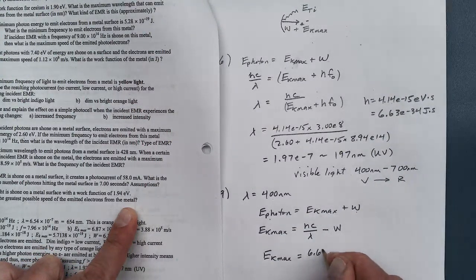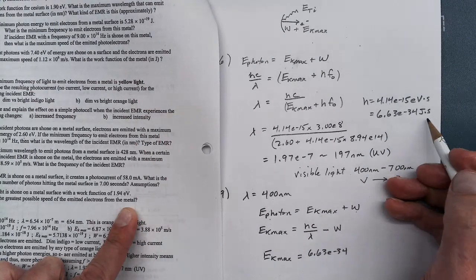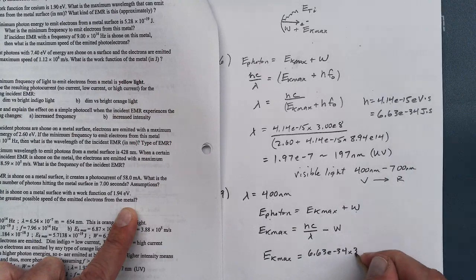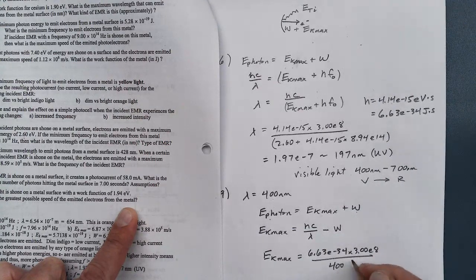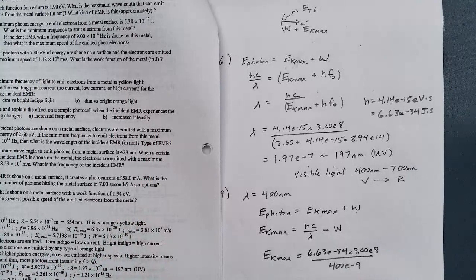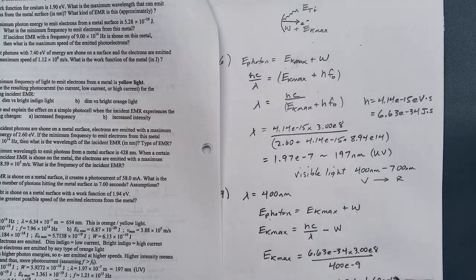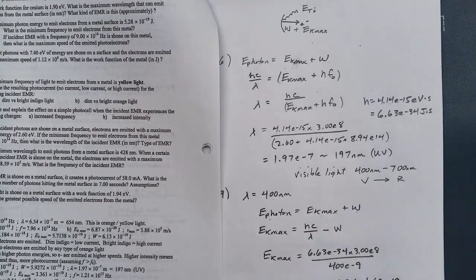So 6.63 e negative 34 joule seconds, that's the one I'm going to use, times 3 e8 divided by the wavelength, 4.0 times 10 to the negative 7, 400 e negative 9. Now, when I want to subtract away the work function, I need to take the 1.94 eV and multiply it by 1.6 e negative 19 joules for every electron volt.